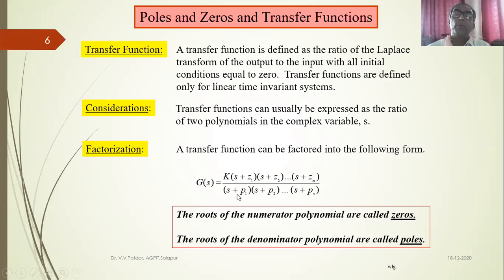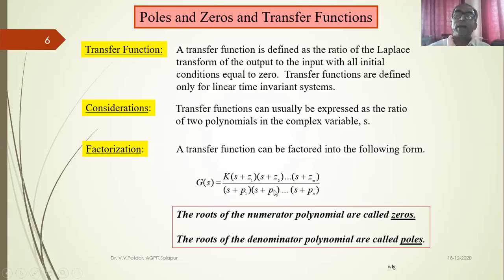Similarly, in the denominator, if I got S into S plus 5 into S plus 6 into S plus 7, how many poles have I got? 4 poles. Because for S equal to 0, the entire denominator becomes 0 and the entire ratio becomes infinite. So S in the denominator at S equal to 0 gives my first pole at the origin. The second pole is a simple pole: for S plus 5, for S equal to minus 5, I got one more pole.